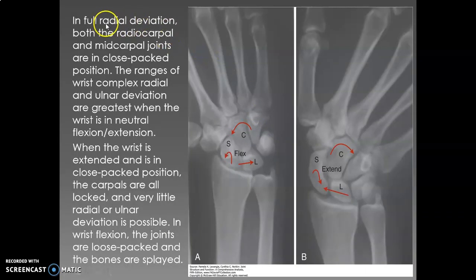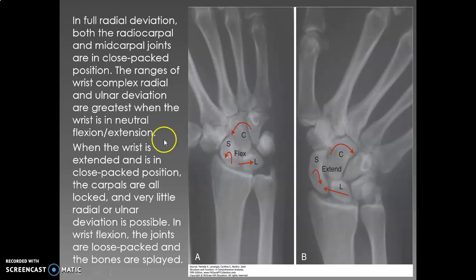So in full radial deviation, you can see what is happening here. This is the radius and this is the ulna. Here you can see the first metacarpal bone on this side, moving towards the radial side.